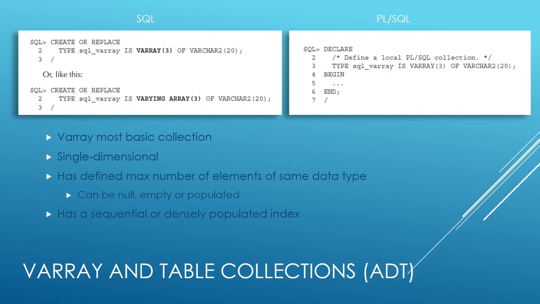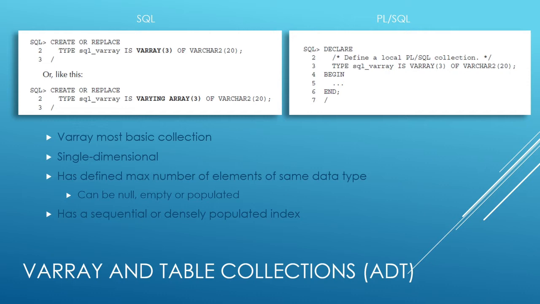Starting off, the most basic collection, and probably what I was most familiar with, is what is known as the VARRAY or array. It stands for varying array, but VARRAY is the more accepted term for this component.